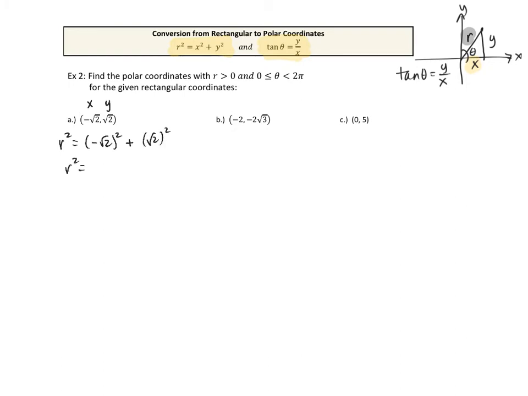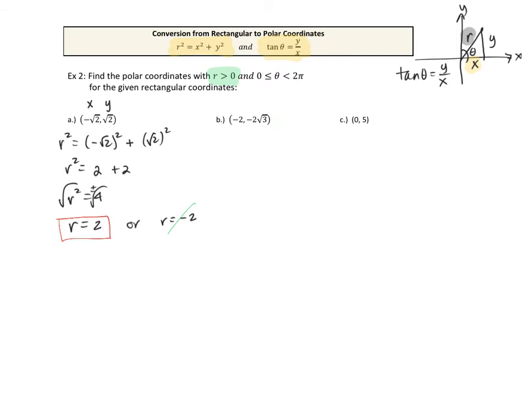That would give me positive 2 plus positive 2, so r is equal to either 2 or -2. It's just that in this problem we're only looking at positive r values, so I'll go ahead and drop that one, and that gives me my r is 2.